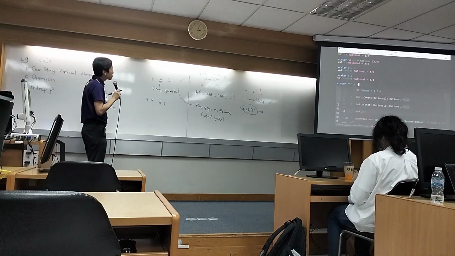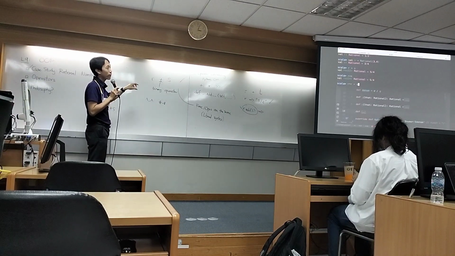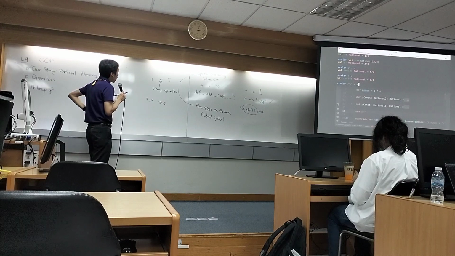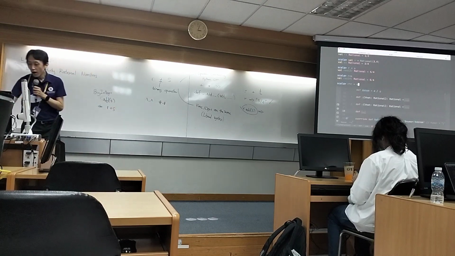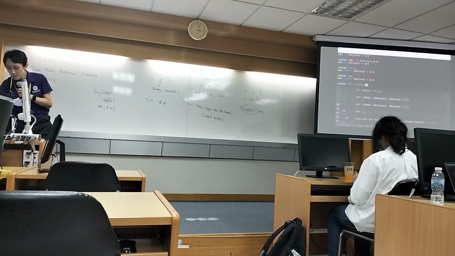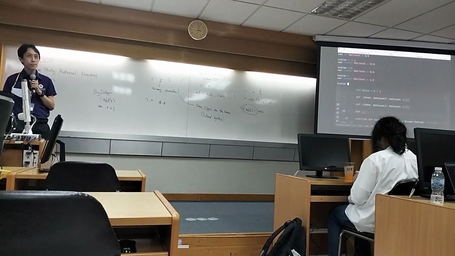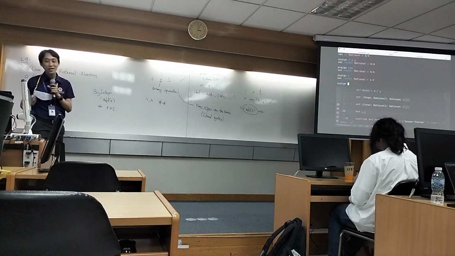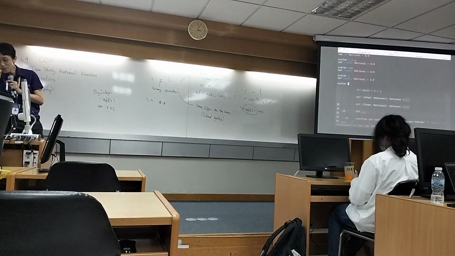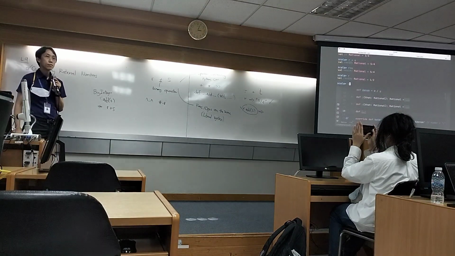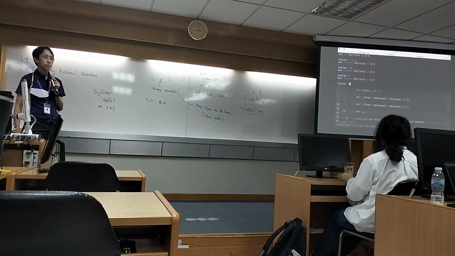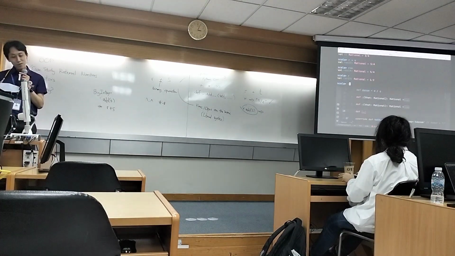One last thing before we do another fancy example. What if I've got r and I would like to negate it? It means I want to be able to say negative r, right? How do I do that?